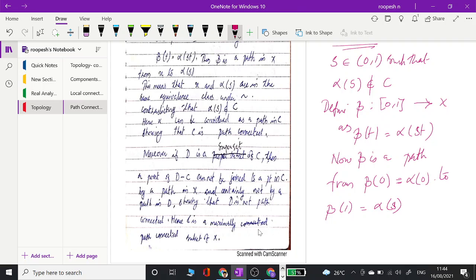So beta is connecting alpha of 0 to alpha of s. So this is your beta.